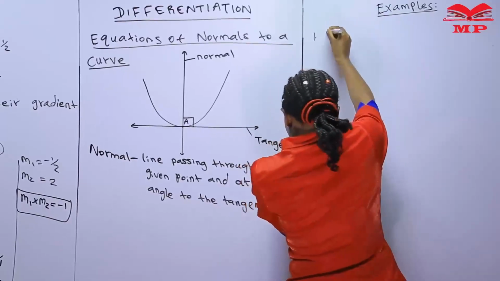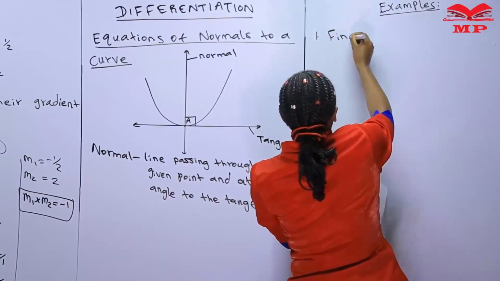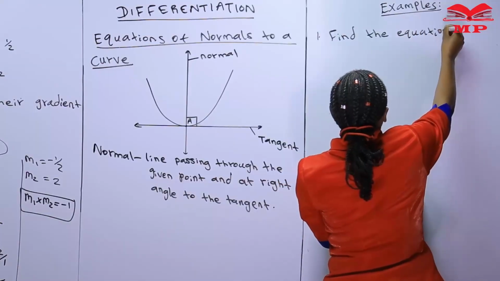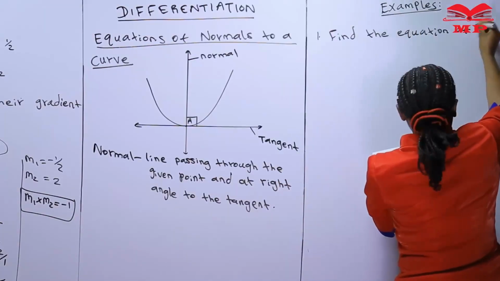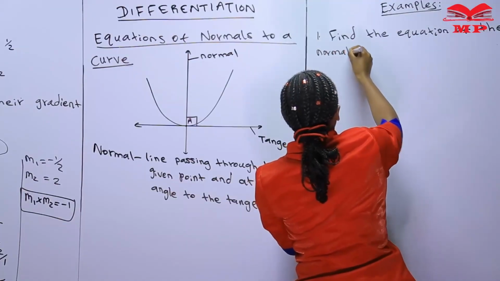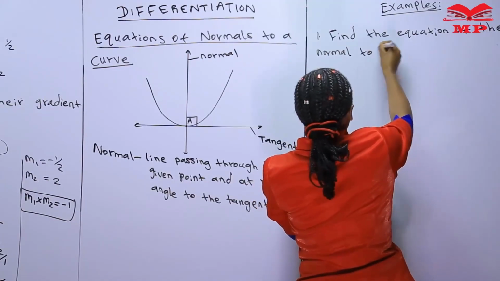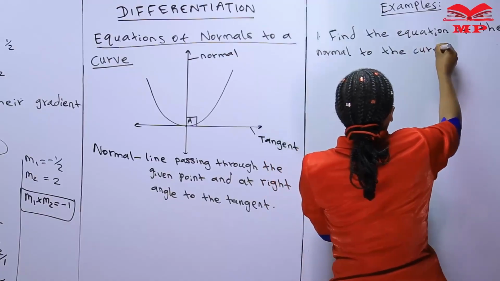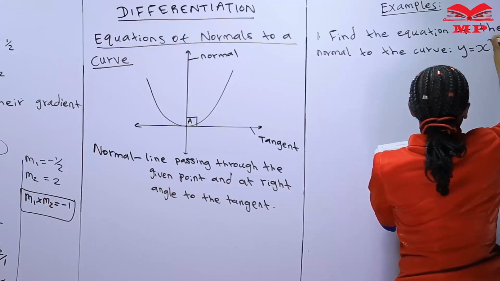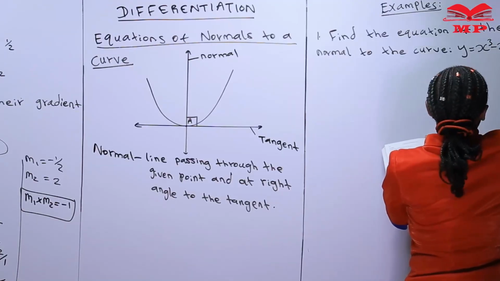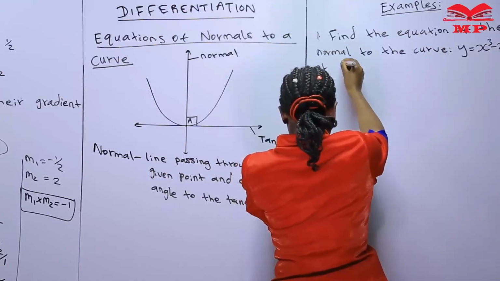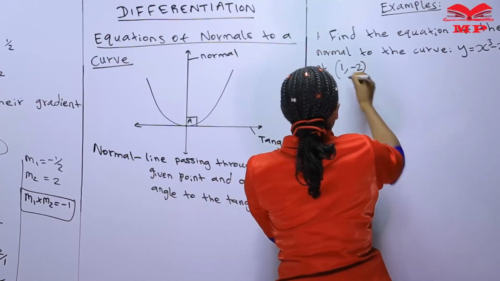So the first one, we are told: find the equation of the normal to the curve y is equal to x cubed minus 2x minus 1 at the point 1, negative 2.